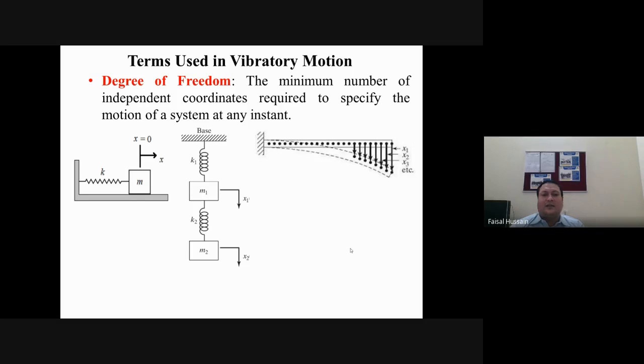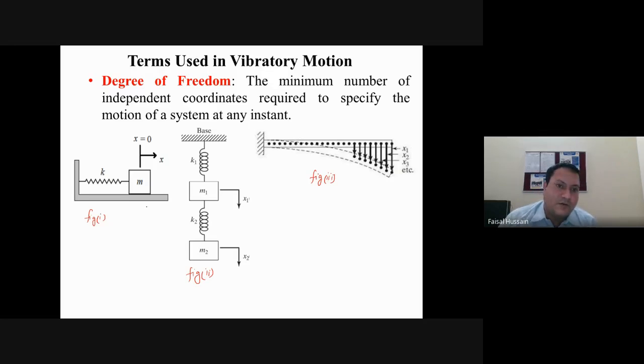Here, there are three figures that you will see. This is your figure number one, this is figure 2, and this is figure 3.